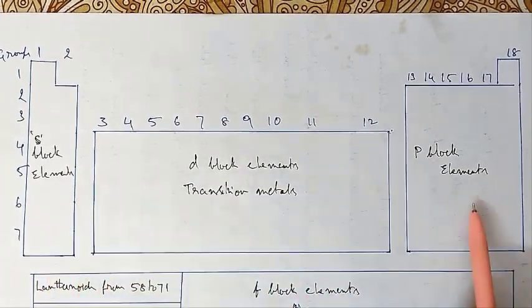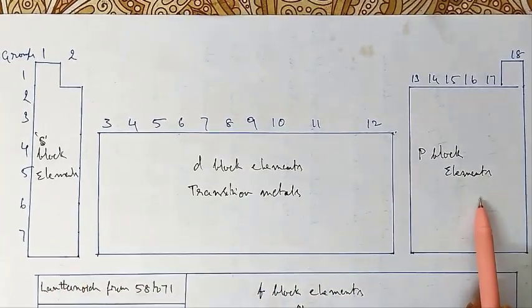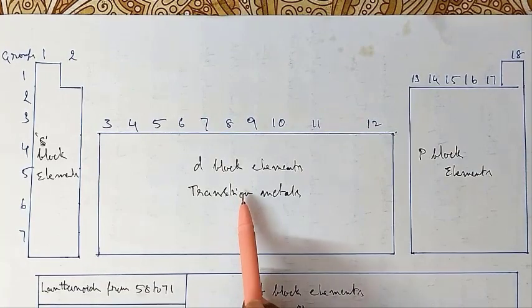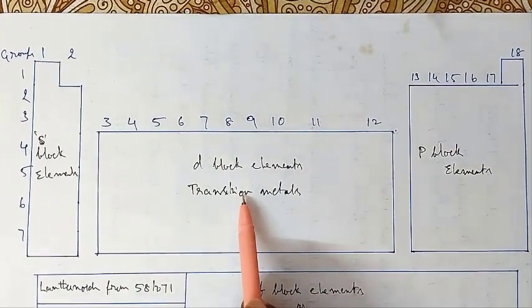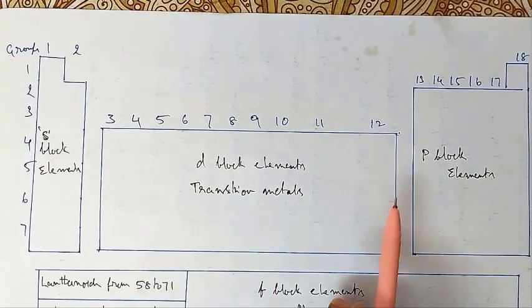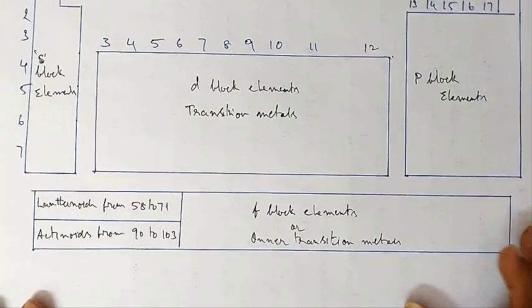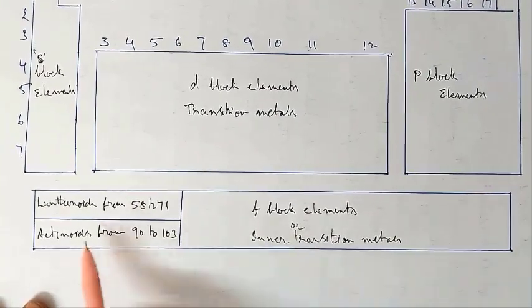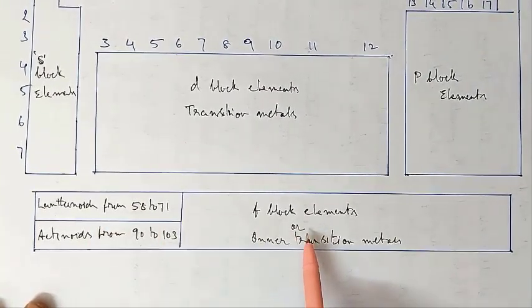S block and P block elements are together known as representative elements, whereas D block elements are transition elements, because transition means change. The change in properties from left to right takes place through the D block elements, therefore they are transition elements. Down below the table, there are inner transition elements or F block elements.